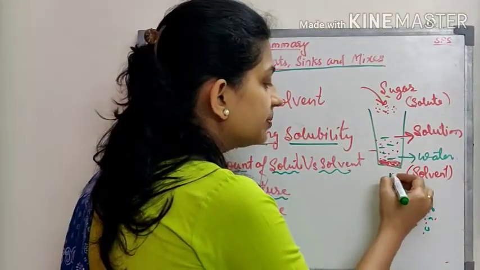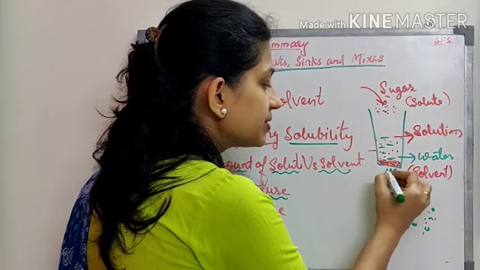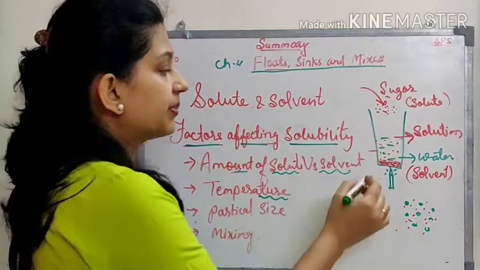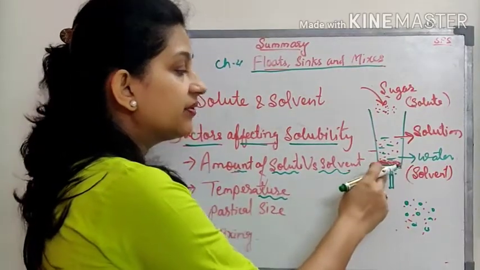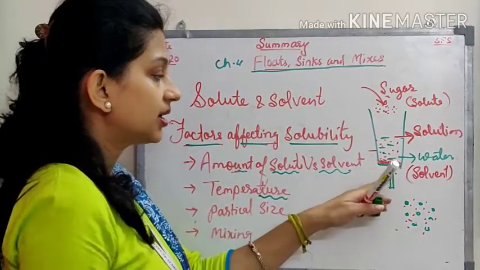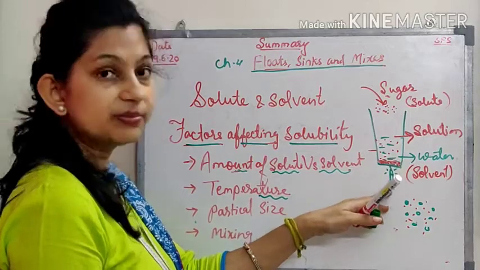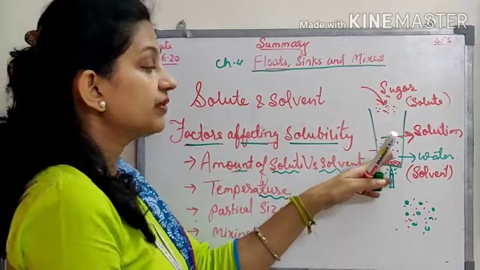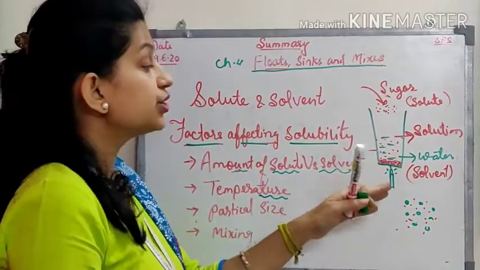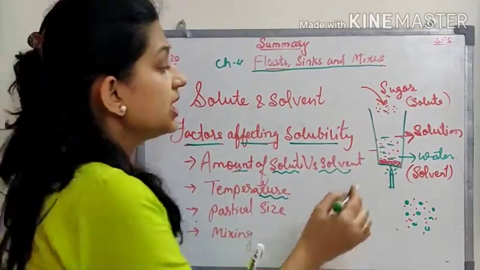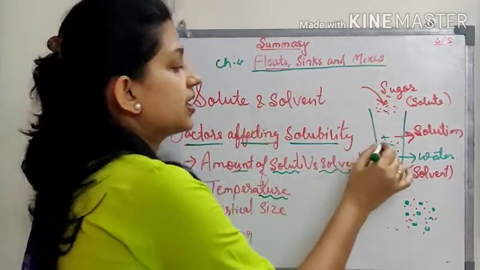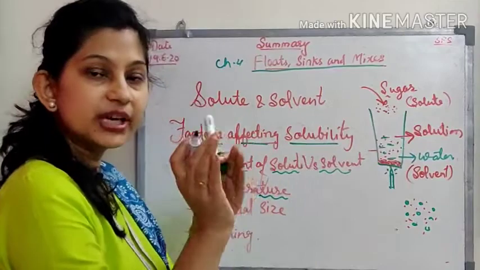When you add a burner here, that means you are giving heat here. So what will happen when you raise the temperature? Giving heat means you are adding a flame at the bottom. That time what will happen? You are providing heat, so the temperature will rise, and due to the heat energy, these water particles will start moving and shaking faster.